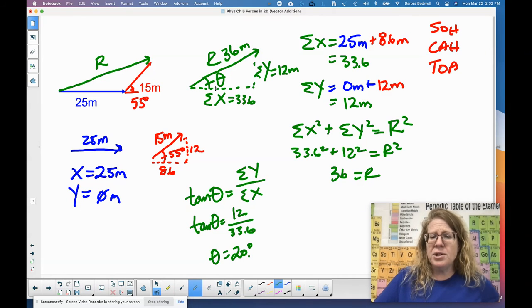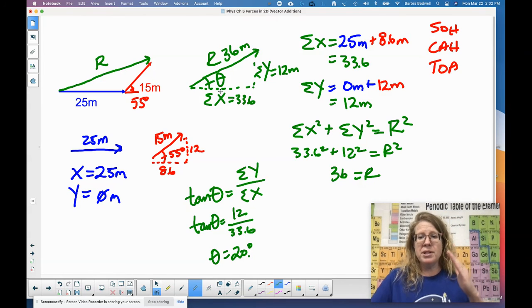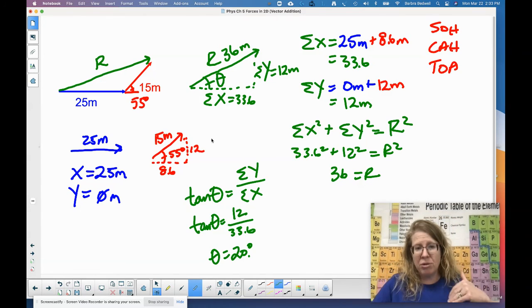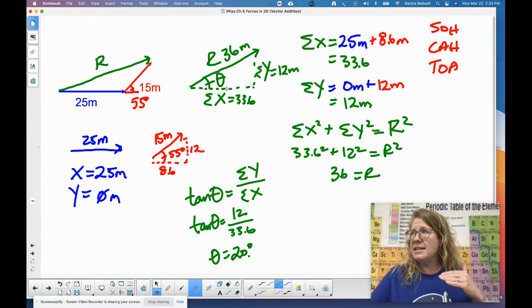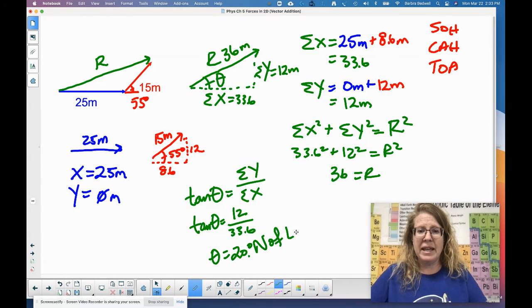The last thing that we need to do is describe the direction of that angle. Well, that angle is touching the east axis, if you want to think of it that way, or the horizontal axis. So this would be 20 degrees, basically east. But now am I going to the north of east or to the south of east? If I turn this direction, I am going north of east or above east. So we would write this as 20 degrees north of east.